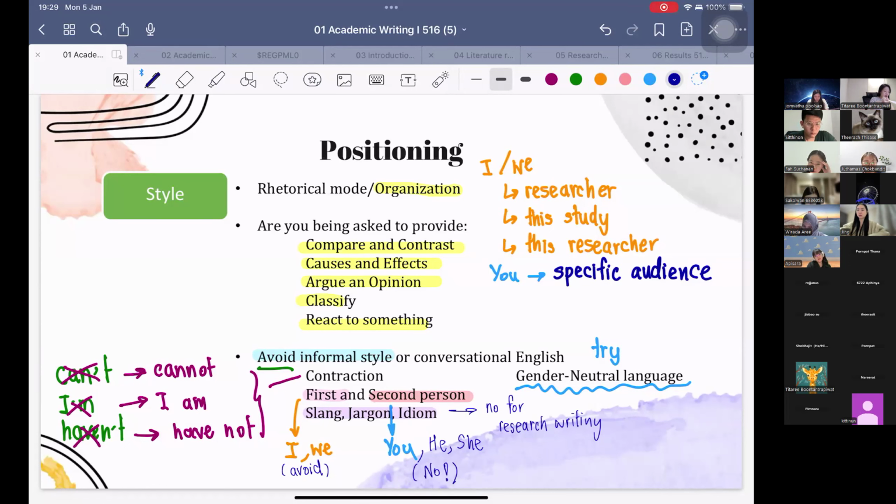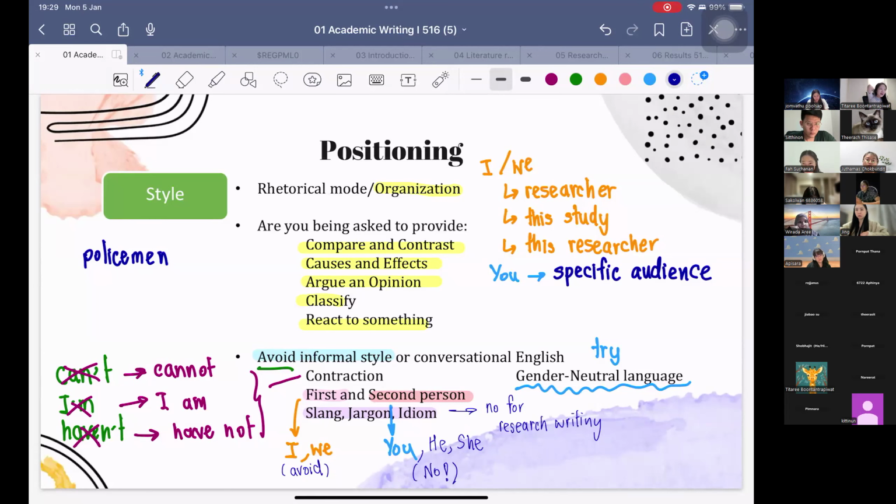For example, a word like policeman gives meaning to one gender, which is guys, right? Policemen should be men. However, in the police force, it is open to all genders. So instead of that, in writing now, we try to use gender neutral language.